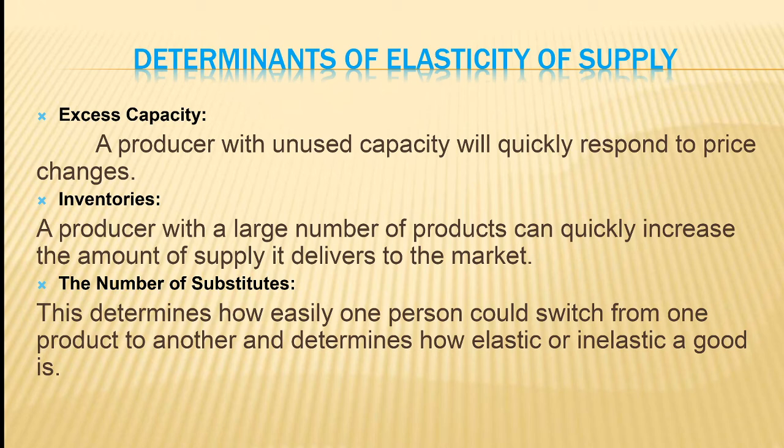There are a lot of substitutes: tea, coffee, petrol, diesel, now even electric options, and other products like cola drinks. Everything has a number of substitutes. So it determines how easily one person will switch from one product to another, and this determines how elastic or inelastic a good is.